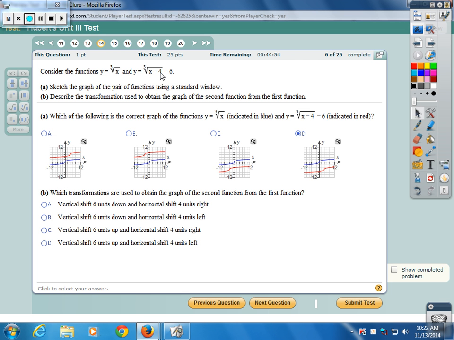Because if your vertical shift is down and your red is the second one, then you can't have A or B. Why? Because it's up. So this is a vertical shift of 6 down and 4 to the right.